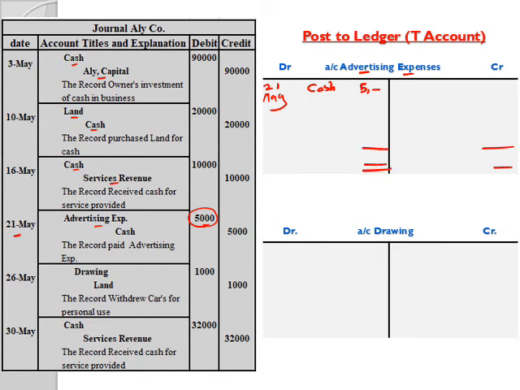Okay, calculate credit side and debit side. Credit side 0, debit side 5,000. Largest: debit is bigger than credit side.